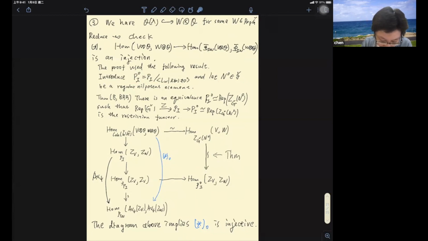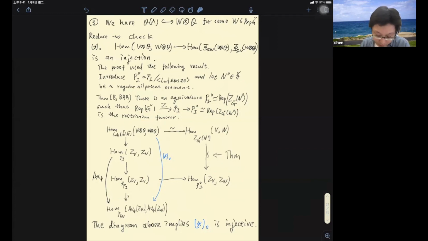Then they prove the following important result. It turns out this category has a natural monoidal structure, and it's equivalent to the representations of the centralizer of the regular nilpotent. And moreover, if you consider these compositions, you have the central functors, and then your quotient, and you identify the quotient with the representations of the centralizer. These are just the restriction functors. So we have this result.